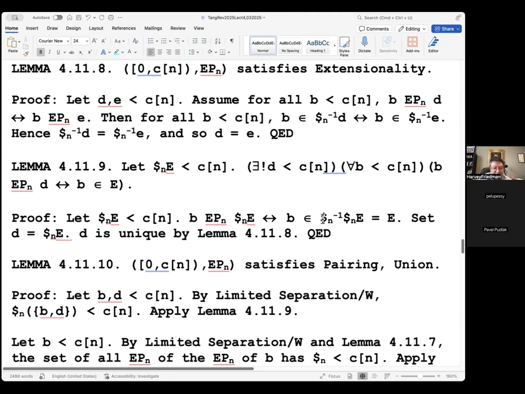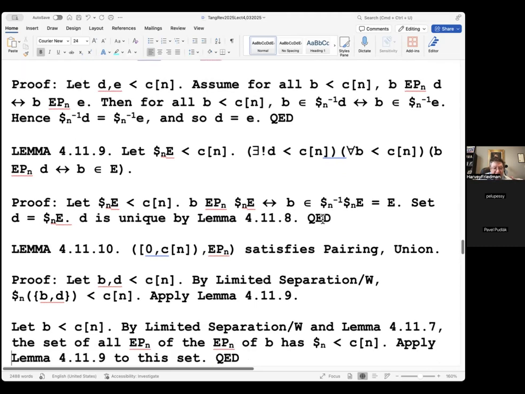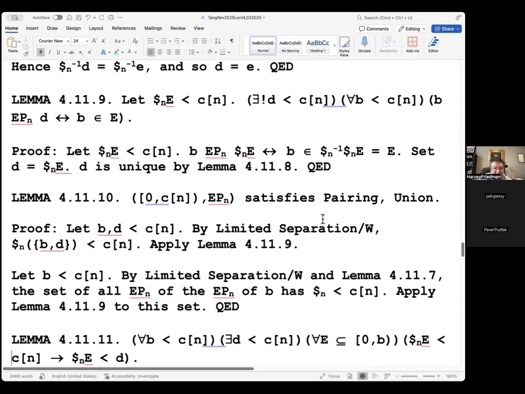This is a form of separation enough to get pairing and union easily.